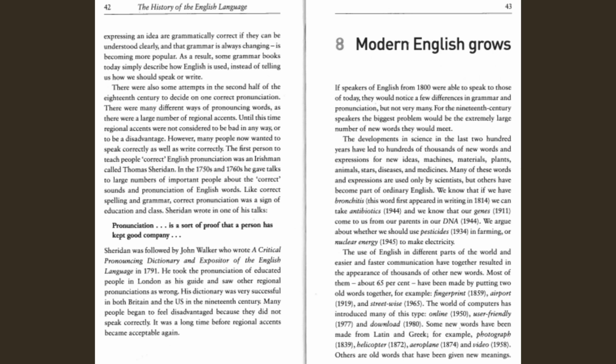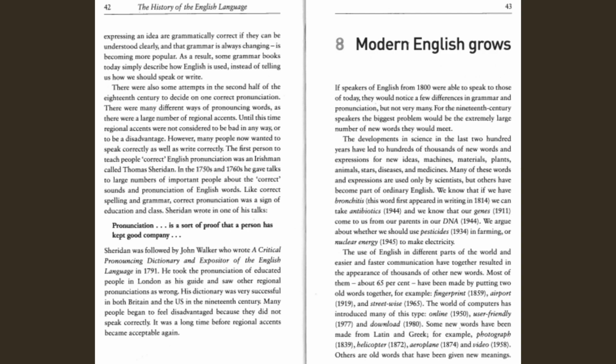Sheridan wrote in one of his talks, "Pronunciation is a sort of proof that a person has kept good company." Sheridan was followed by John Walker, who wrote A Critical Pronouncing Dictionary and Expositor of the English Language in 1791.